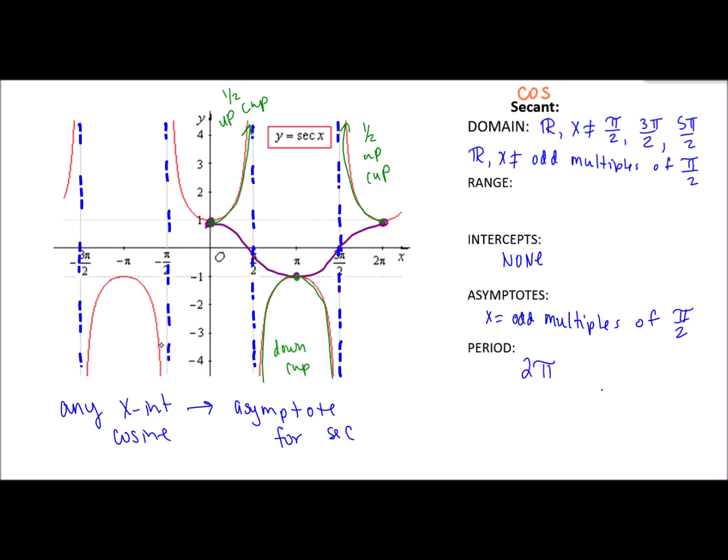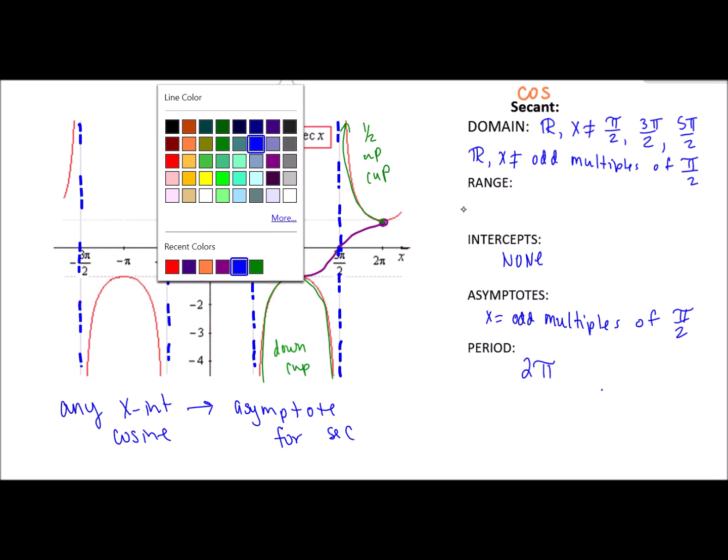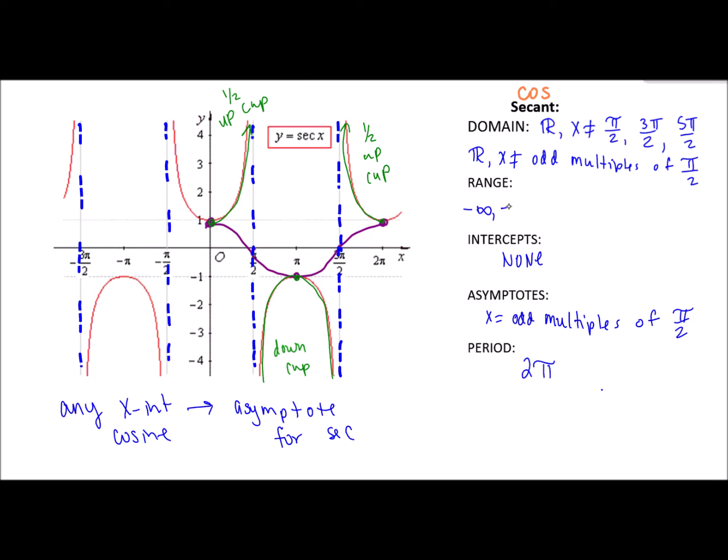But we're just concerned about this one cycle right here. So range, again, it's just like before. It's going to be negative infinity up to -1, including -1 because it is defined at that value, with 1 to infinity being the rest of it.